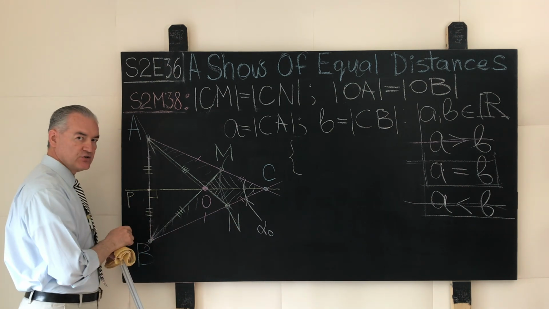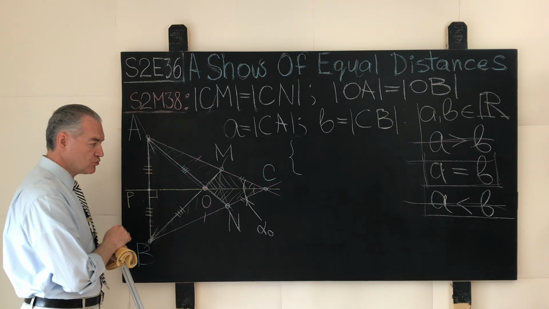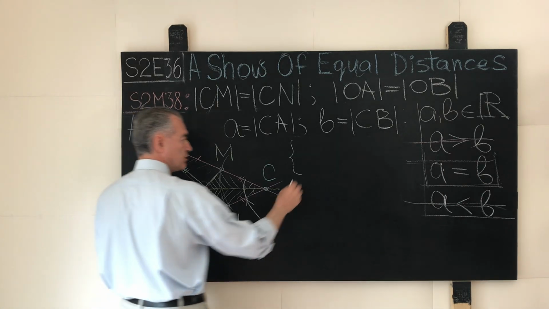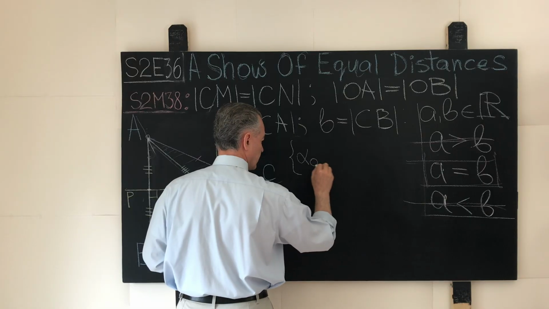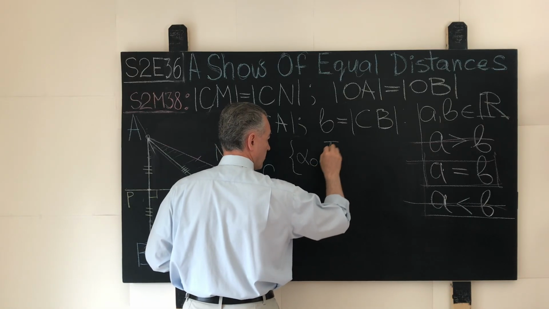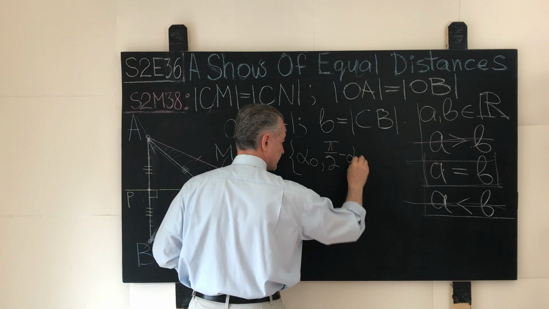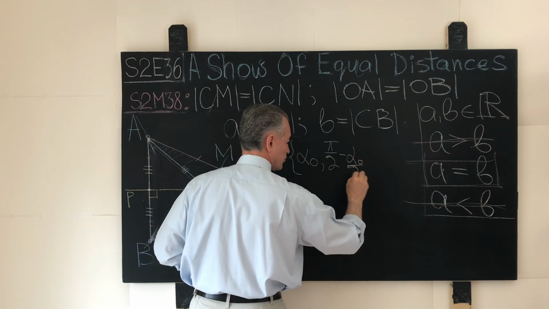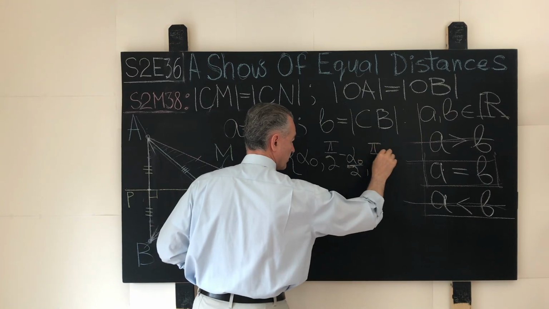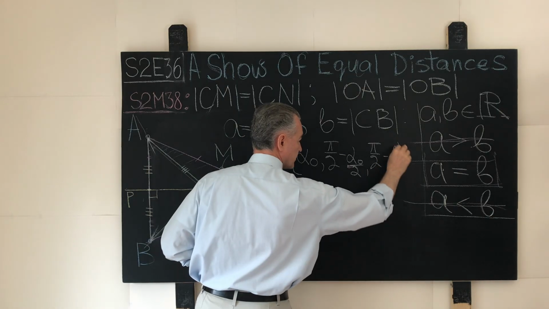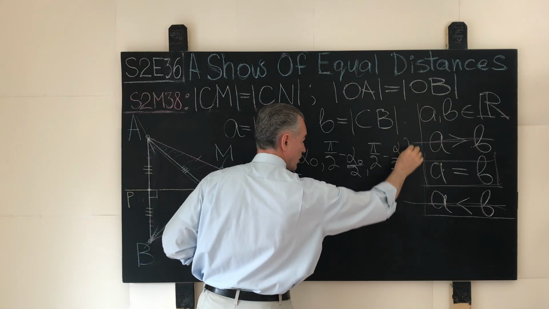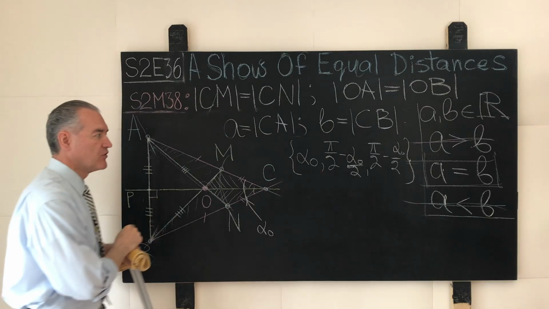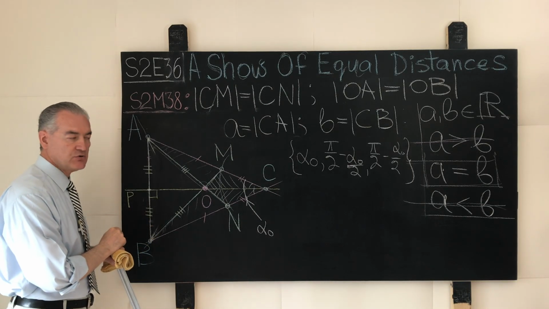So each x is what? Pi over 2 minus alpha 0 over 2. So here we will write down the first answer will be alpha 0, and then pi over 2 minus alpha 0 over 2, and another angle pi over 2 minus alpha 0 over 2.